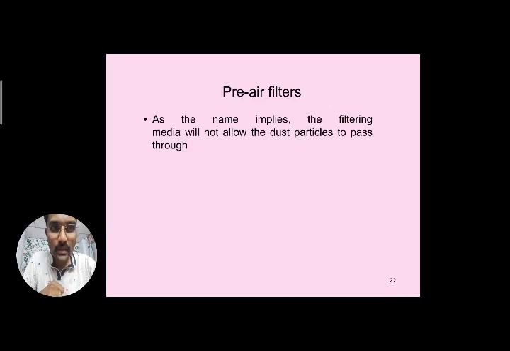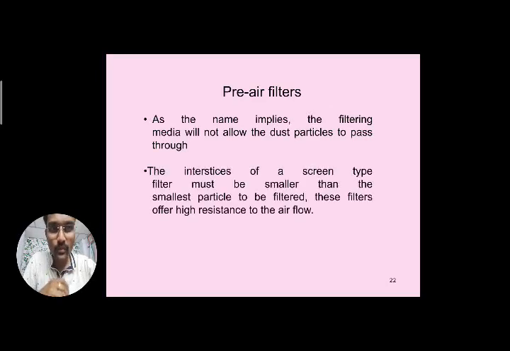As the name indicates, the filtering media will not allow the dust particles to pass through. Air filter means if the air contains some contaminated particles or dust particles, they have to get filtered, so they will not pass through that air filter.